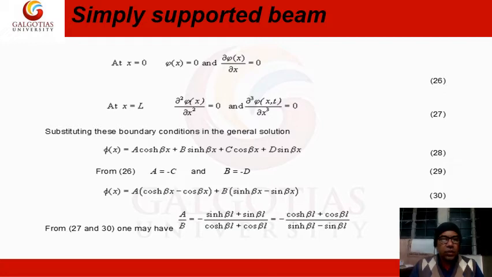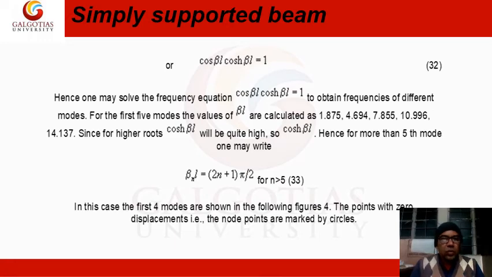Putting these into the above equations, we'll get these terms, and a by b equal to these things. Now one may have this sort of equation: cos beta L cosh beta L will be equal to minus 1. Hence one may solve the frequency equation to obtain the frequencies of different modes.